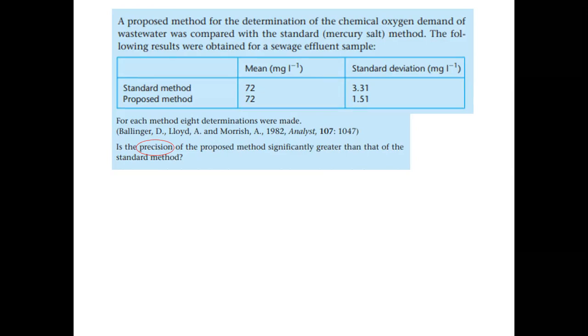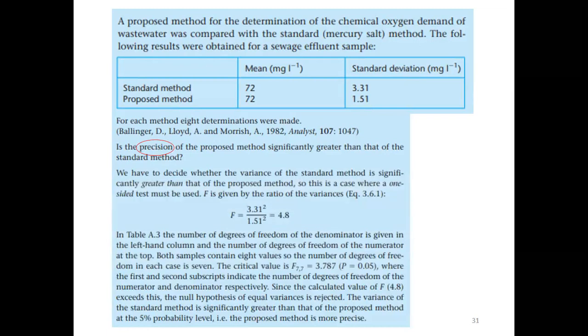We have to perform an F-test to compare the standard deviations. And by doing an F-test, we can tell whether the precision of the proposed method is significantly greater than that of the standard method. Okay, so then let's discuss how to perform the F-test.